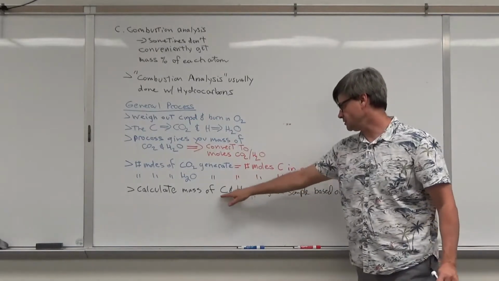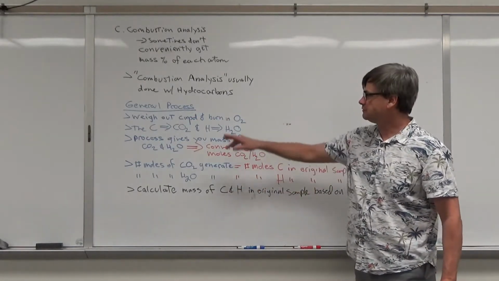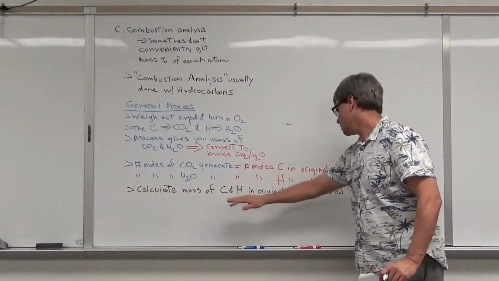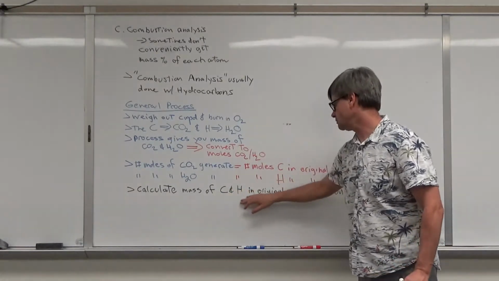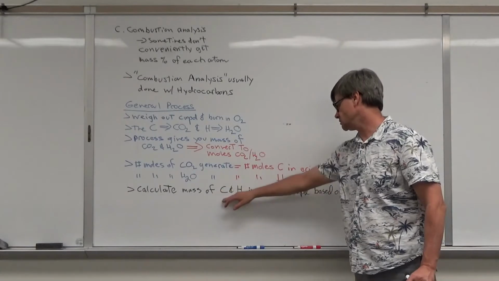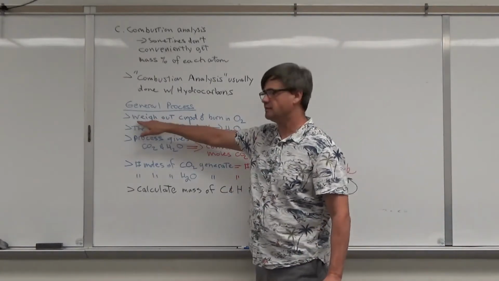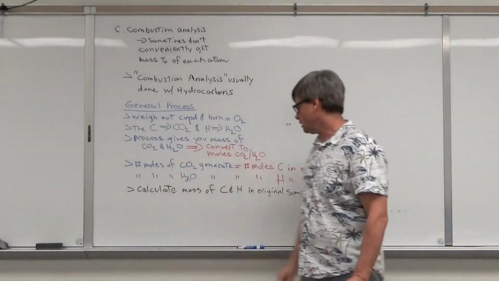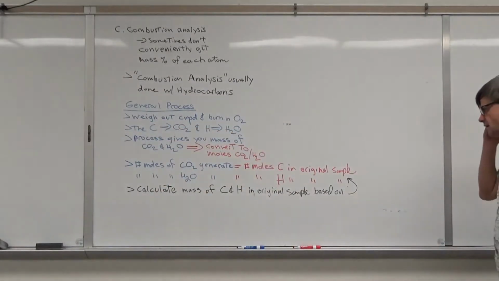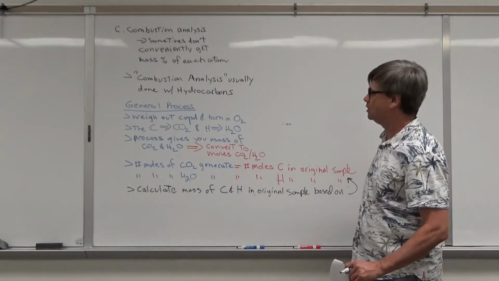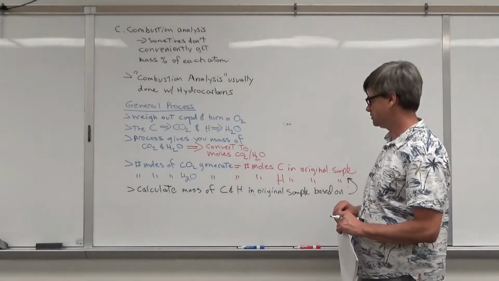You can add up these two masses and see if there's any amount left over. If you calculated the number of grams of these in your original sample and it came out to be what you put on the balance in the first place, then you know that there was no oxygen that was part of your original sample.